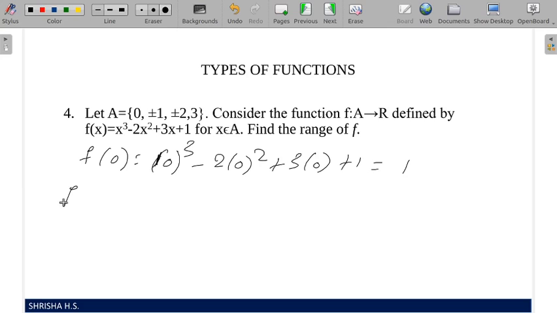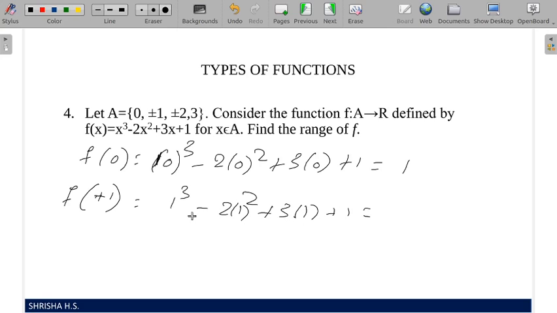Okay, so next one, f of 1. Okay, so we'll take plus first. So x cube remains x cube, 1 cube minus 2 times 1 square plus 3 multiplied by 1, plus 1, so that should be 3.